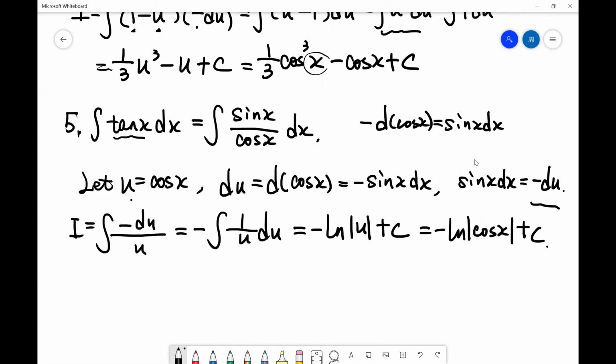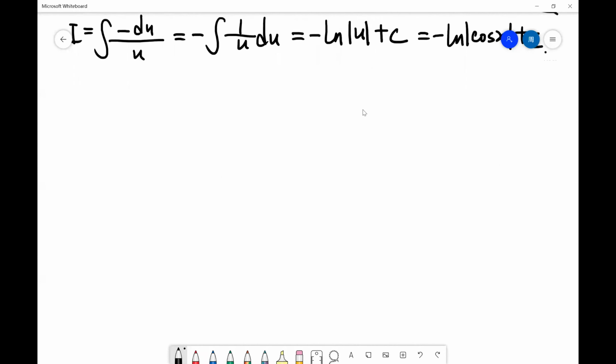That means you should figure out how to let a new variable make the integrand easier, so that we can use the formula. Okay, so here are 2 kinds of substitution rules, and you have to practice more to speed up the calculation. Okay, so here are the solutions for the homework.